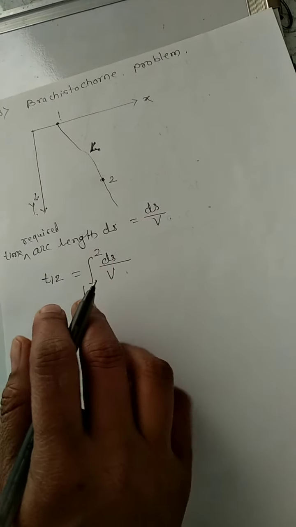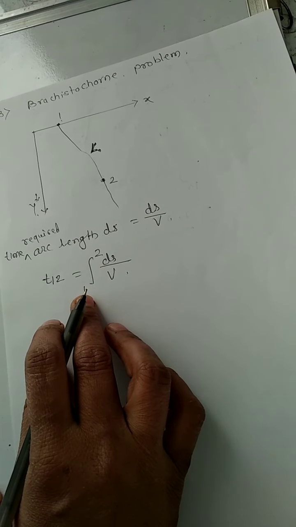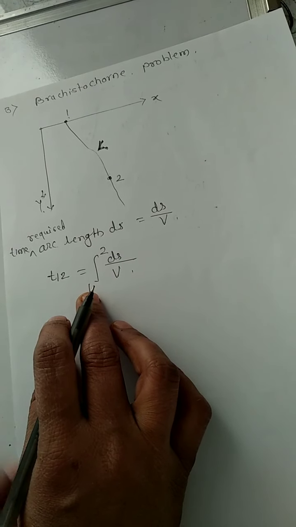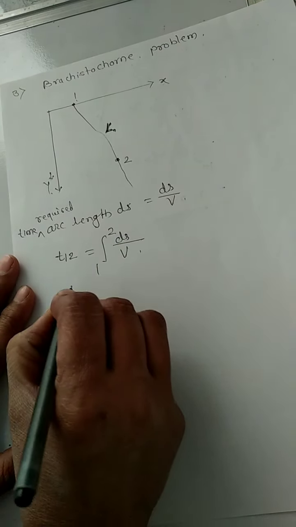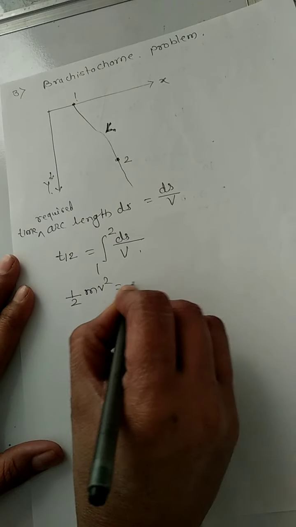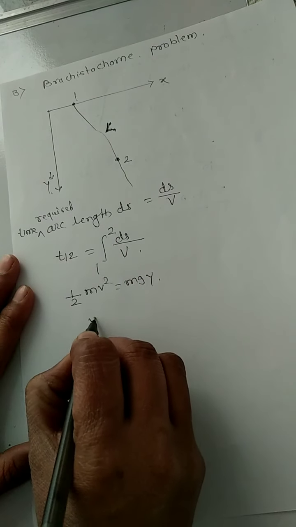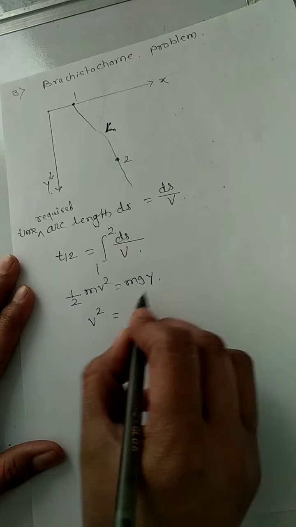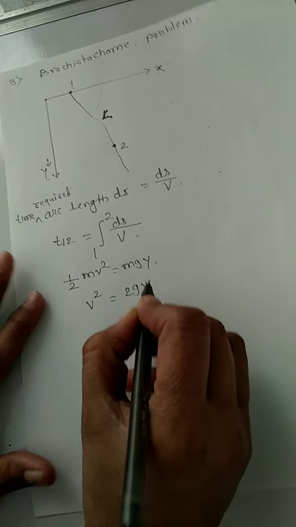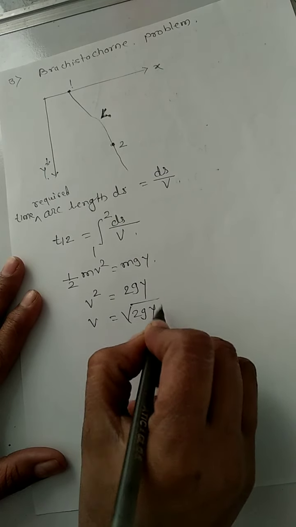If y is measured down from the initial point of release, the conservation theorem for the energy of the particle can be written as 1 by 2 v square equal to mg y. Then v square is equal to 2gy, and v is equal to the square root of 2gy.